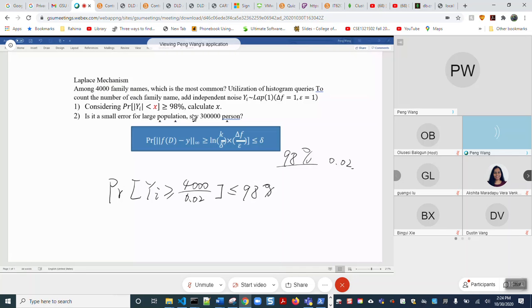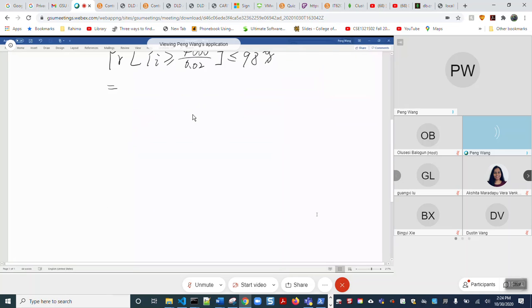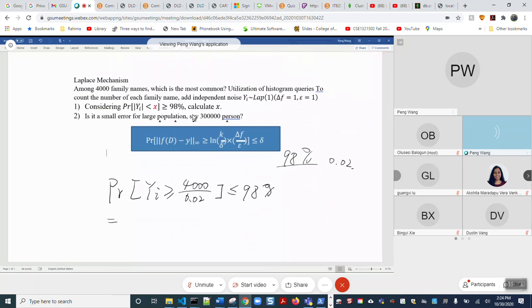And then we can find that x. Then it will be, sorry, it should be larger.